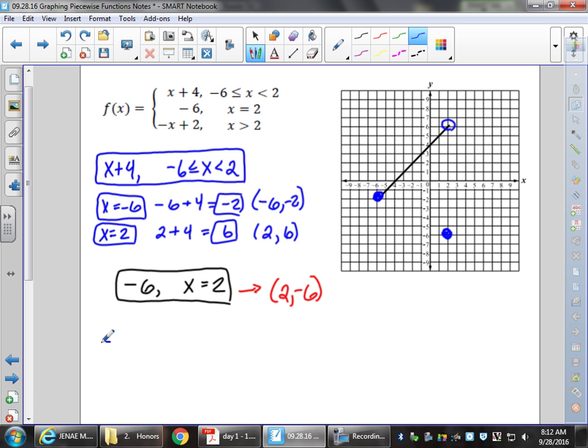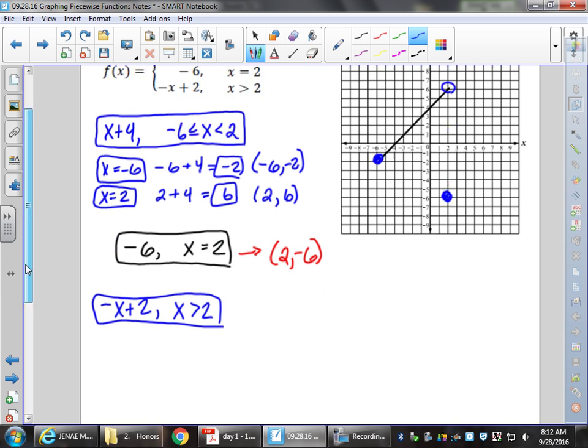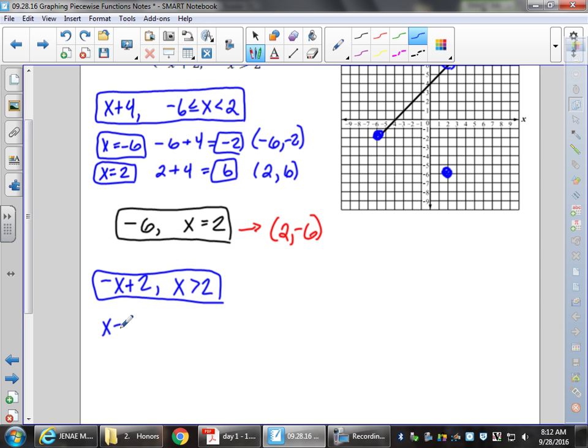Okay, last piece. What x values do you guys want to work with? 2 and 4? We did 4 last time. Let's do something else. 5. Let's work with an odd number, just for fun.